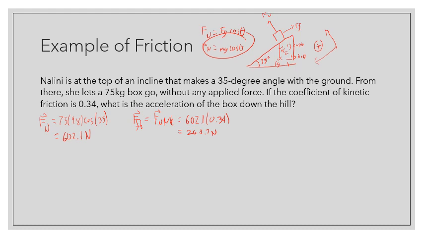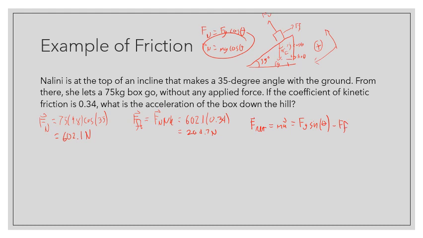So we're looking for the acceleration in the x direction, so F net will be equal to ma, which will be equal to Fg sine of theta, so the x component of the force of gravity, minus F of friction.